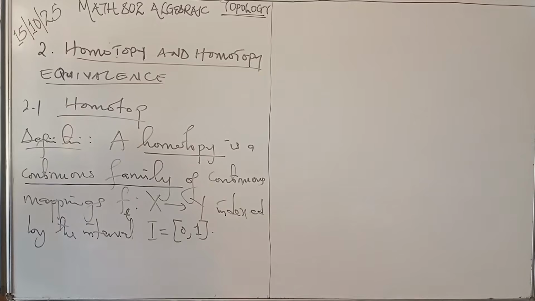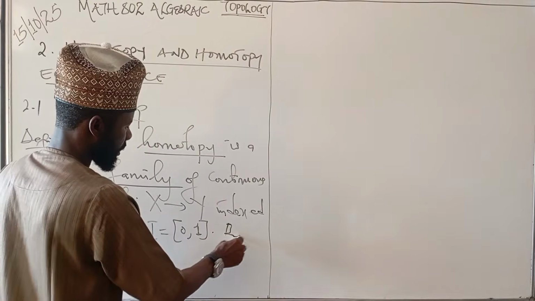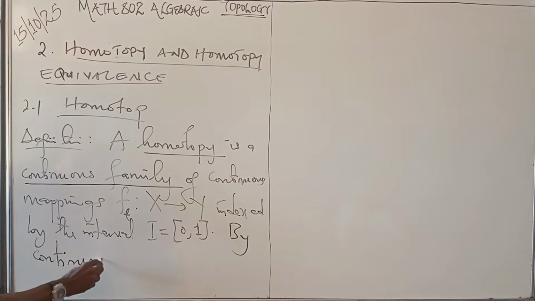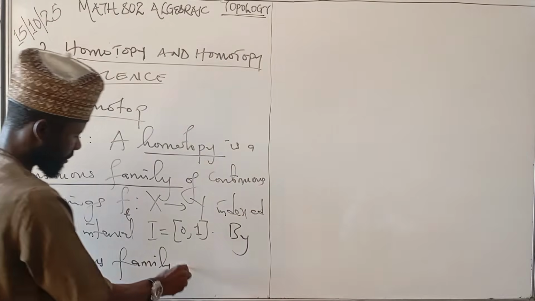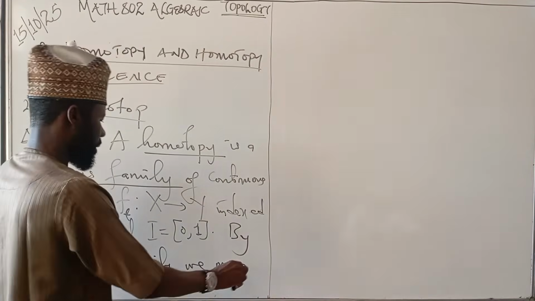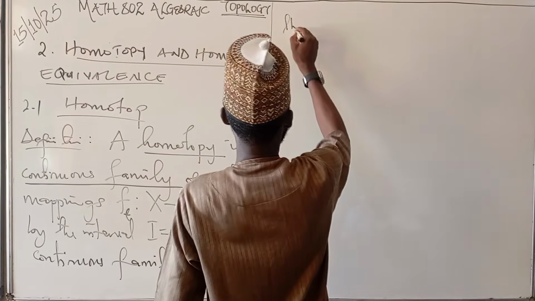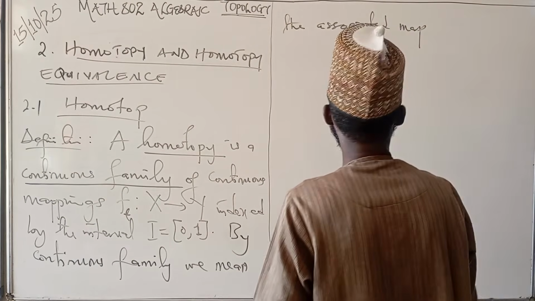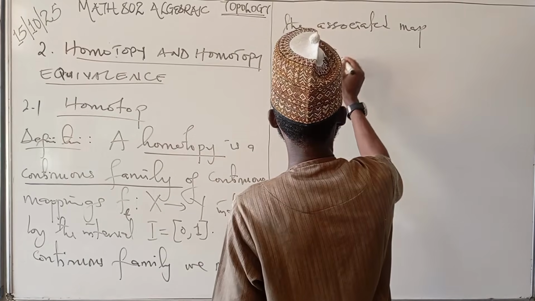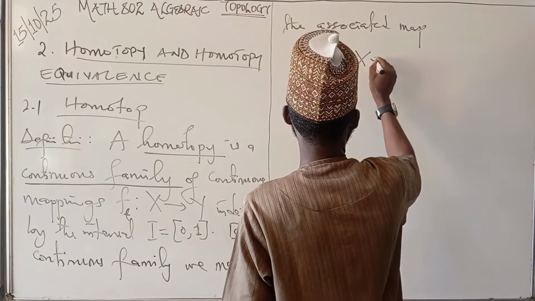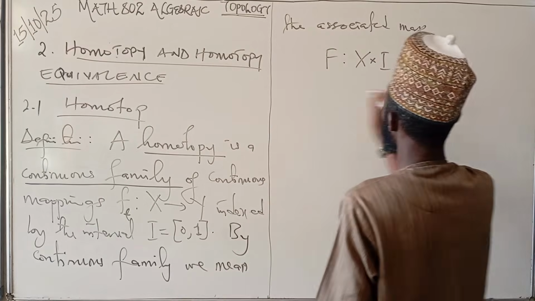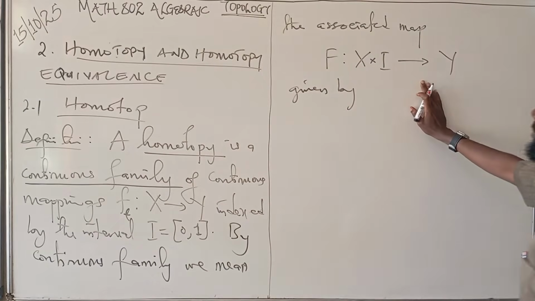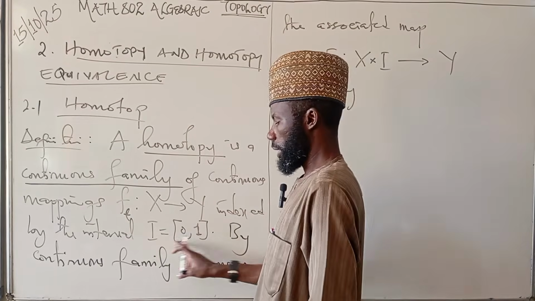But then by continuous family, we mean the associated map. So you should understand that by continuous family, we mean the associated map F from X cross I into Y given by, because given such a family, you can always define this mapping since t is coming from the index set 0 to 1.